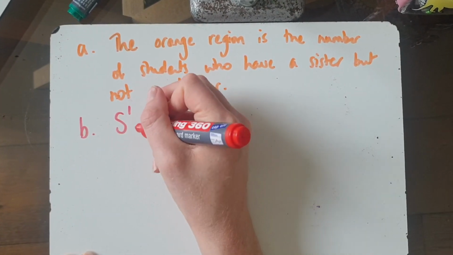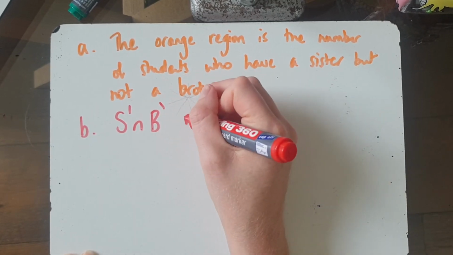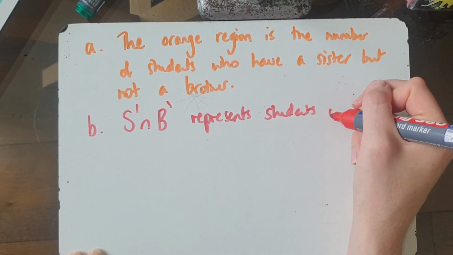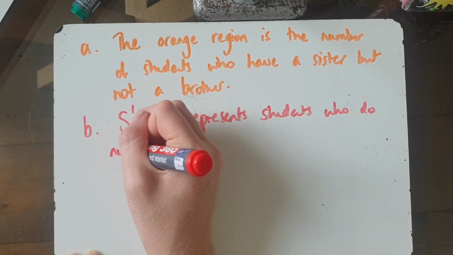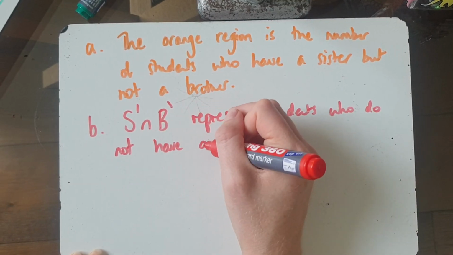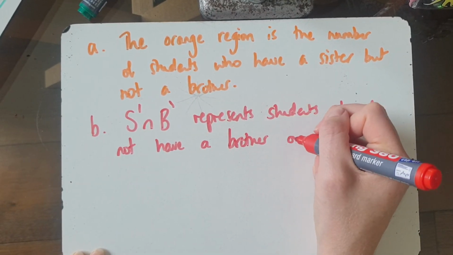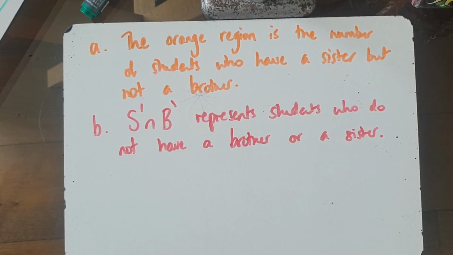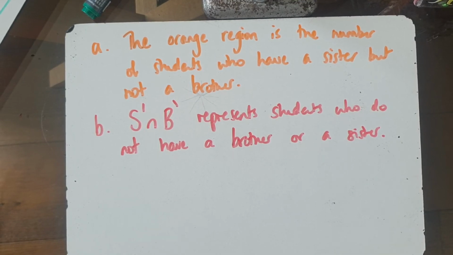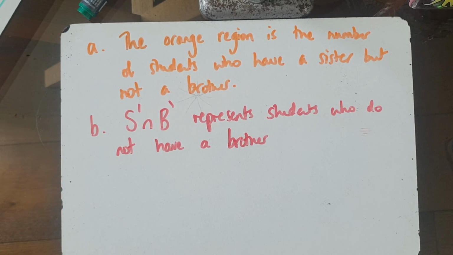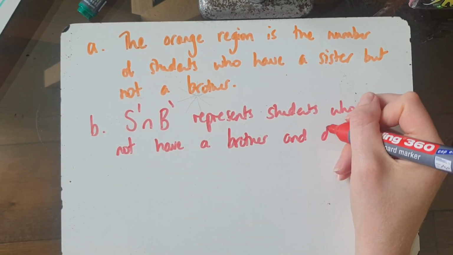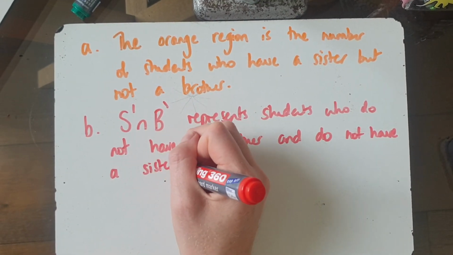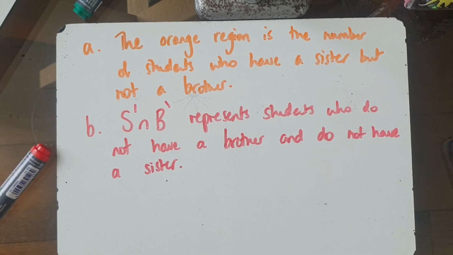So not S intersection not B represents students who do not have a brother or a sister. In fact, let's change that. Let's say who do not have a brother and do not have a sister, just to make it really clear. Okay, so make sure you've got that copied down, please.